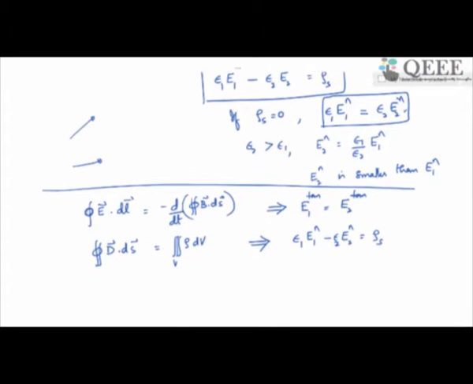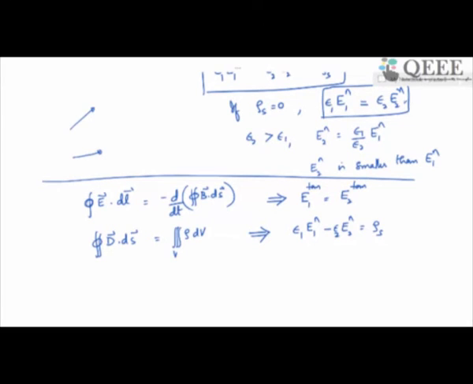You can similarly apply the same boundary conditions on a loop and a surface for Ampere's law. How would that look? The integral of h dot dl is equal to the surface integral of j dot ds plus del by del t of the surface integral of d dot ds.